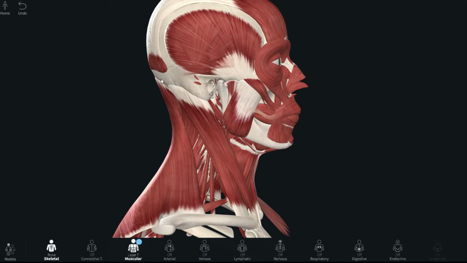For that, we say that an imaginary line joining the angle of the mandible to the mastoid process of temporal bone over here, this is the temporal bone, this is the mastoid process, also acts as the superior boundary of the side of the neck.